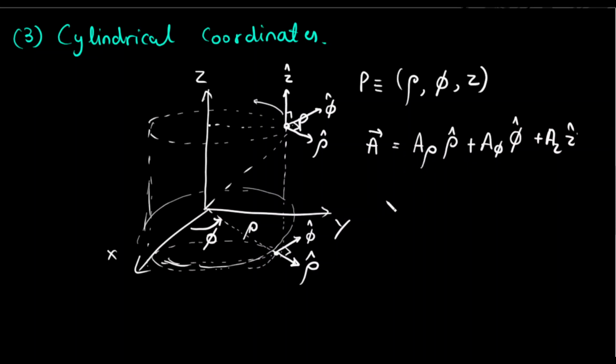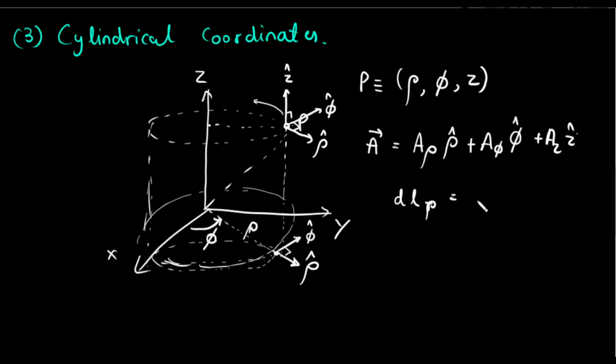So now we are going to write the infinitesimal displacement vectors. The infinitesimal displacement vector is how much it will be changed in the rho hat direction, the psi hat direction, and the z hat direction. So dl rho is going to be my infinitesimal displacement vector along the rho hat direction.